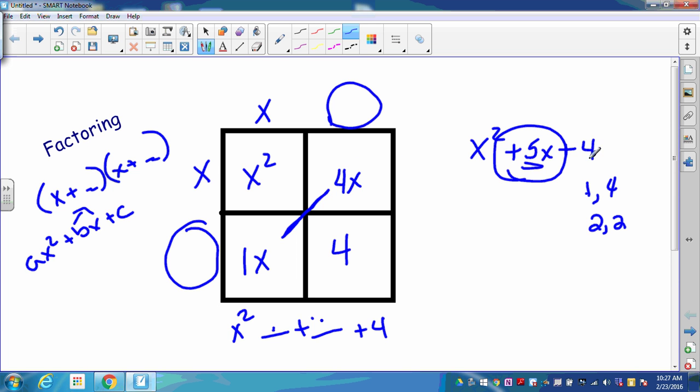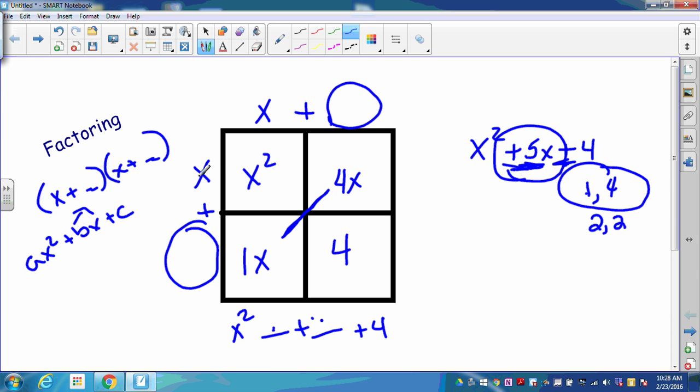We know that everything is positive, so I'm going to put a plus here and a plus here. I have a positive 5x in my problem, and I have a plus 4 over here in my problem.